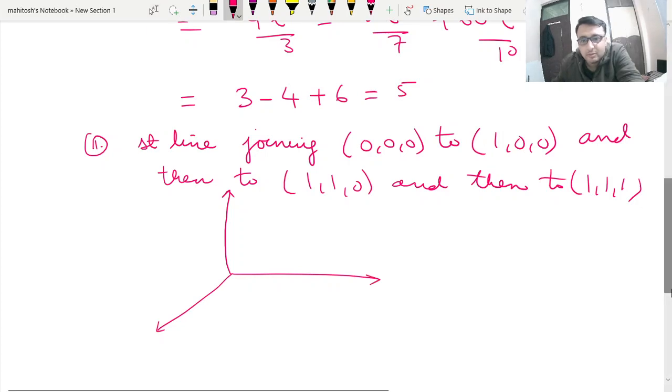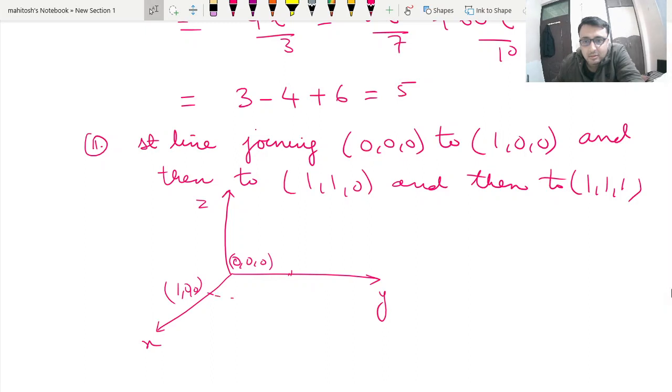Now if this is my origin 0, 0, 0, and I call this x-axis, this is y and z, so this is my 1, 0, 0, and this one I call 1, 1, 0, and I take a projection. So this is my 1, 1, 1.